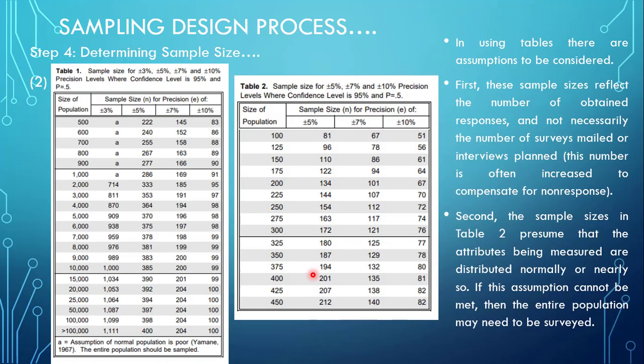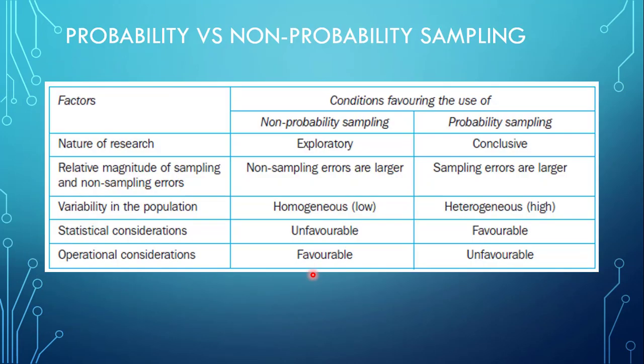So going back to the differences between non-probability sampling and probability sampling, when will you use non-probability sampling and when will you use probability sampling? These are the factors again. Based on the nature of the research, if it is exploratory research, then you can conduct non-probability sampling.